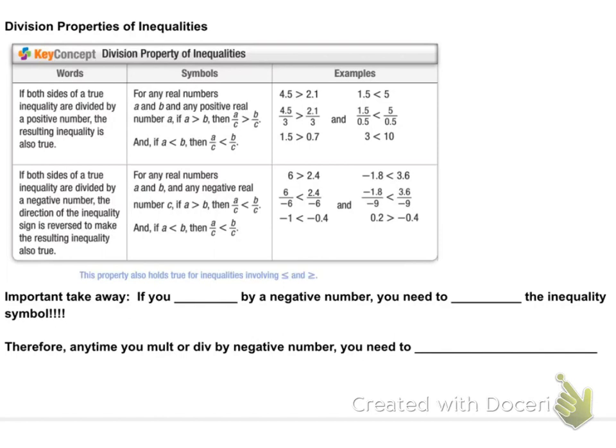So really the important takeaway again on the bottom, if you now divide by a negative number, you need to flip the inequality symbol. And at the very bottom, wait a minute, don't you say that both times? Flip the inequality symbol? And they both had what in common? Negative number.